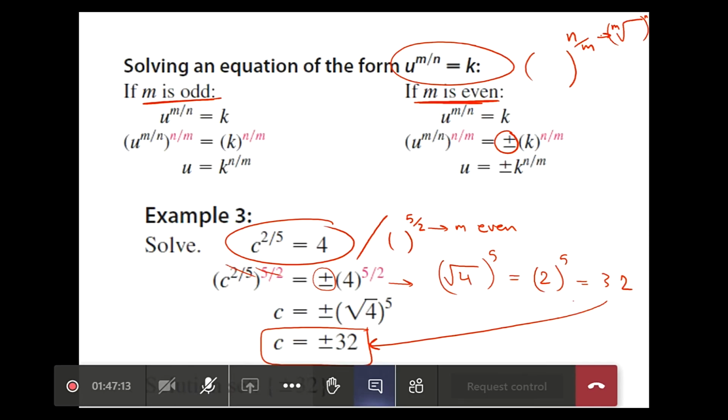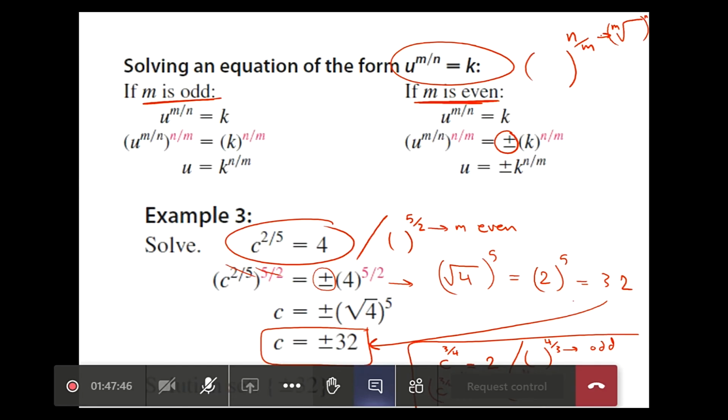Another example, if we have the same example, c to the power 3 over 4 equal, for example, 2. We must take the 4 over 3, but 3 is odd. So we put c to the power 3 over 4, take the 4 over 3 and 2 to the power 4 over 3.